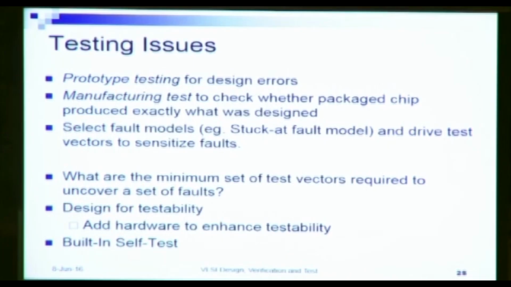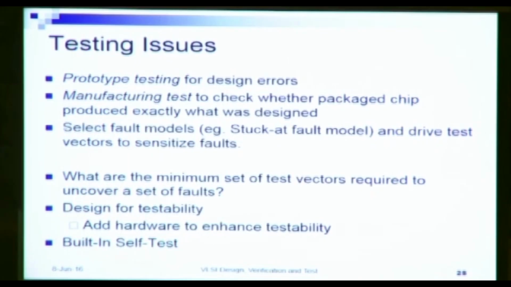If I assume that a certain gate input is always at 1, I have to put appropriate test vectors to find out whether the output is wrong. For example, if it is an OR gate and one of the inputs is always stuck at 1, and you drive 0 0 as test vectors to this OR gate and the output is still a 1, we can understand that one of these inputs must be stuck at 1.